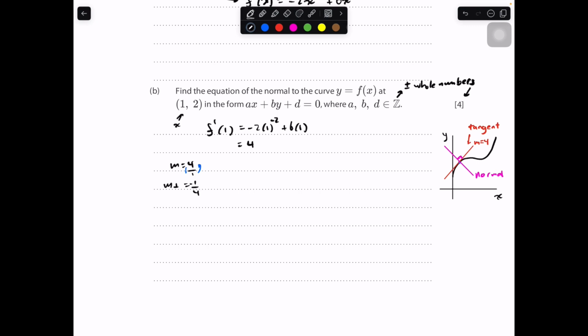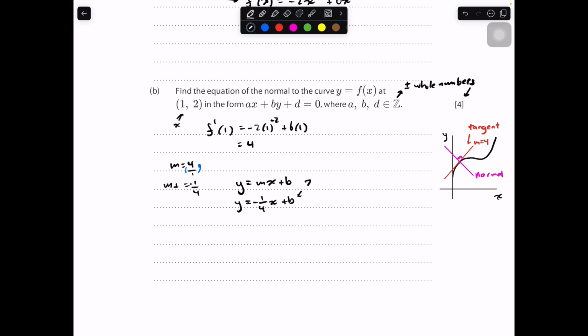If our equation of a line is in the form y equals mx plus b, we know that our m is negative 1 over 4, so y equals negative 1 over 4 x plus b.